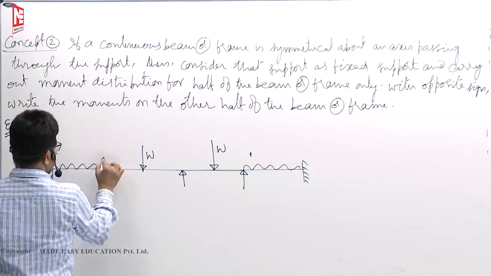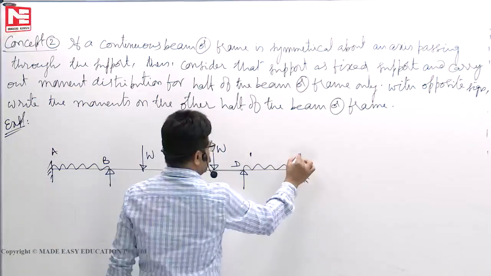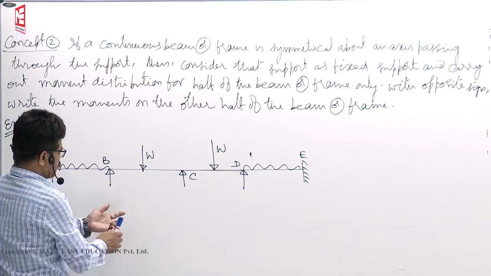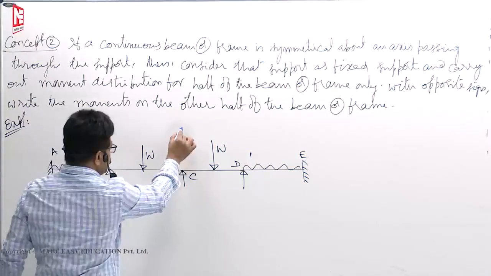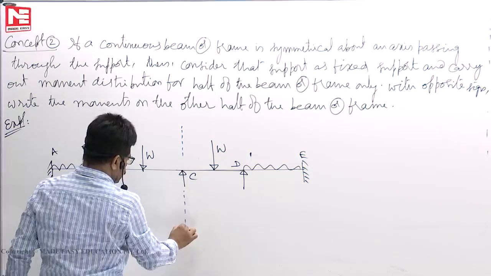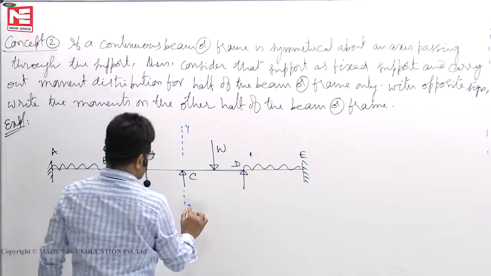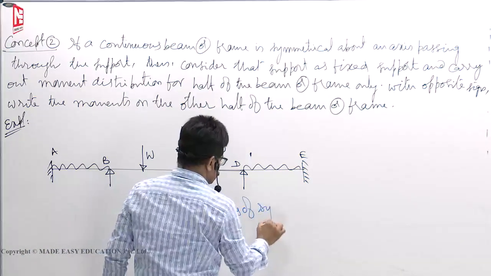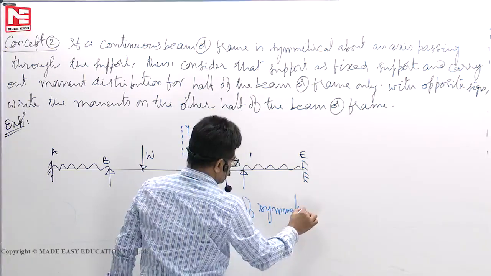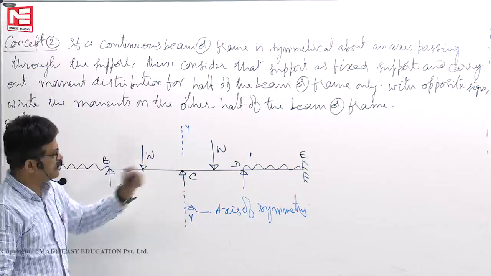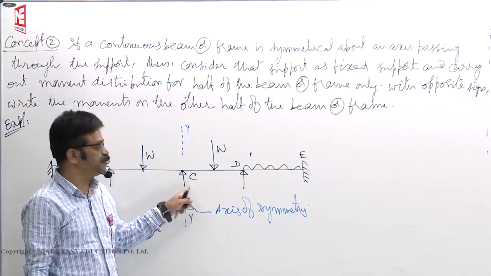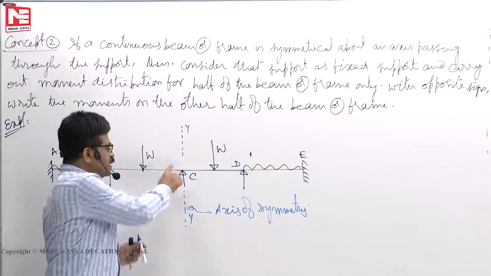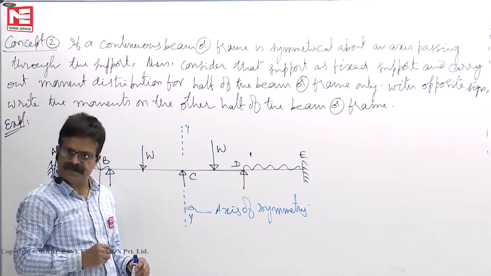This point, let us say A, B, C, D, E. Now, all lengths are same, let us assume I values are same, and this is the axis of symmetry, let us say Y. Axis of symmetry. At the axis of symmetry, because it is passing through the support, deflection is 0. Slope also must be 0. If slope is not 0, deflection profile will not be symmetrical.